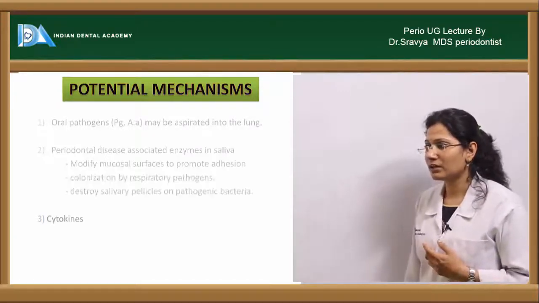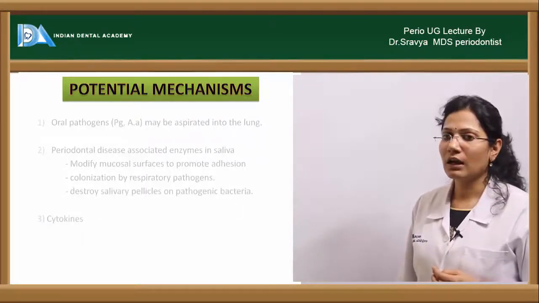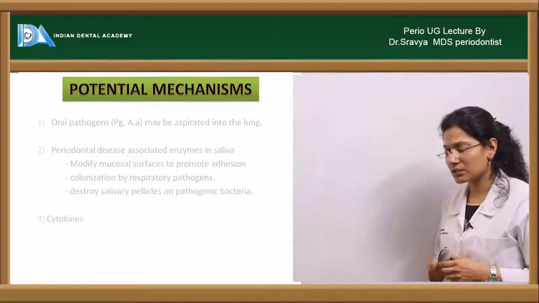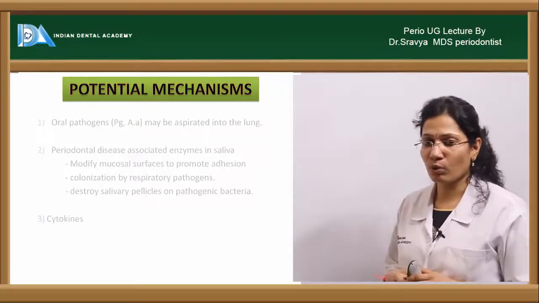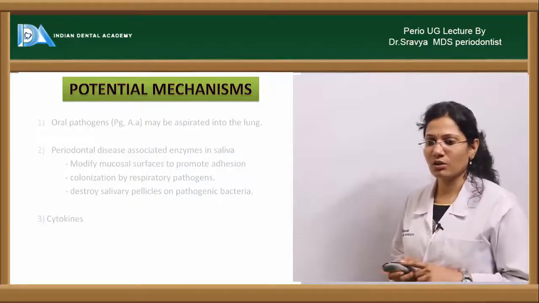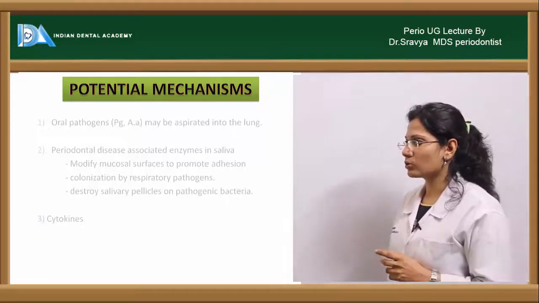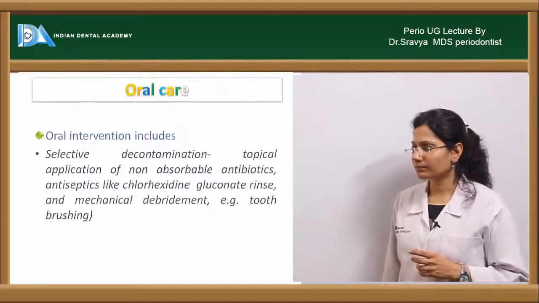And then finally, they destroy the salivary pellicles on the pathogenic bacteria, and therefore they get more prone to infection. Apart from that, you have your cytokines, which are released as a result of your periodontal infections. That also can act as a reservoir.